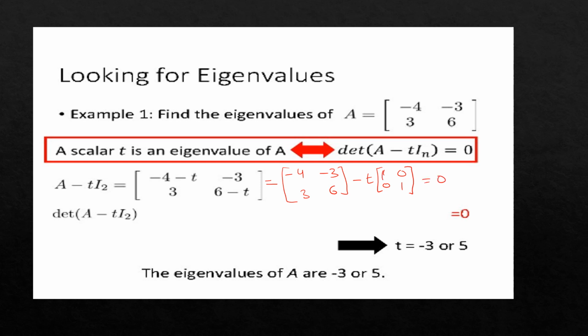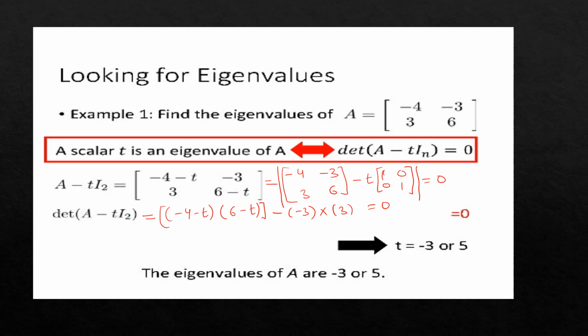This is equal to 0, and I want the determinant of this whole. The determinant I would say is (minus 4 minus lambda) multiplied with (6 minus lambda), minus 3 into 3, and the other term becomes 0.